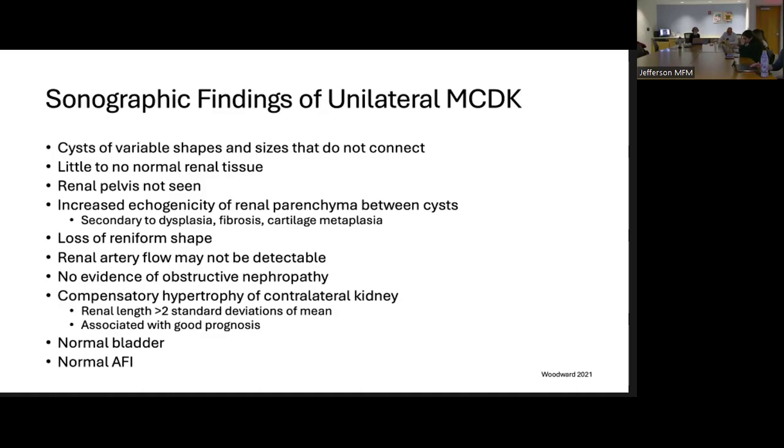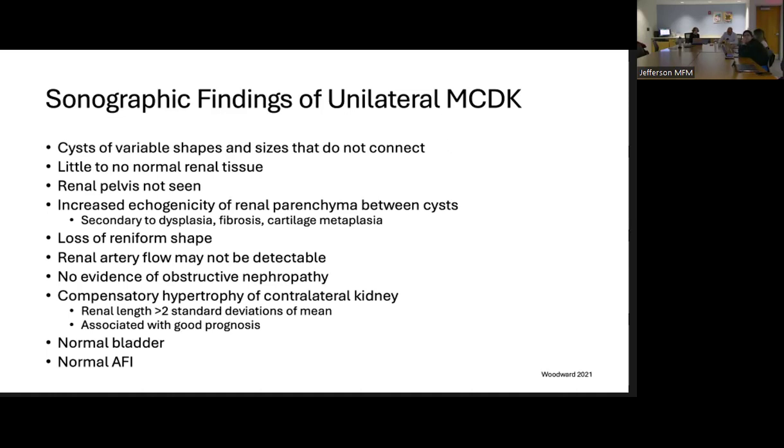So basically, I just want to make sure each one of you memorizes these ultrasound findings. Cysts that are small, cysts that are large, throughout, involving the entire kidney. And very important is the echogenicity. What you think is really a normal kidney is actually too bright, as Keely mentioned. Remember why?